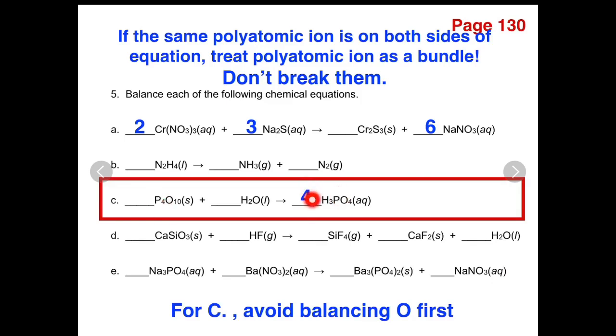If you add 4 in front of this, it's going to force hydrogen to be 4 times 3, equal to 12, right? We have only 2 here, so you need 6 of them in front of it. So how did I get 12 hydrogen? This comes from when you rewrite H3PO4 4 times.